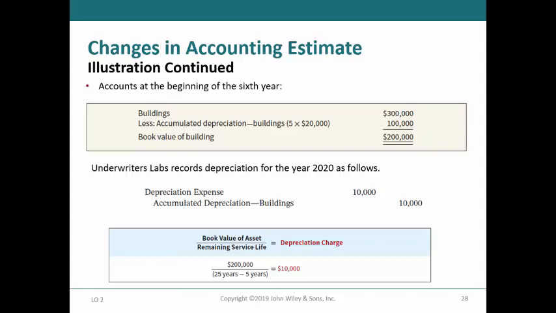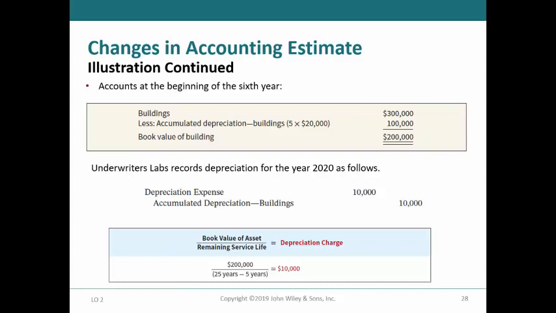In 2020, when Underwriter Labs decided to change their estimate of the number of years of useful life to 25, they would calculate the depreciation per year by taking the remaining book value of $200,000 and dividing it by the remaining years of useful life of 20. The new depreciation amount would be $10,000 per year, $200,000 divided by 20 years.